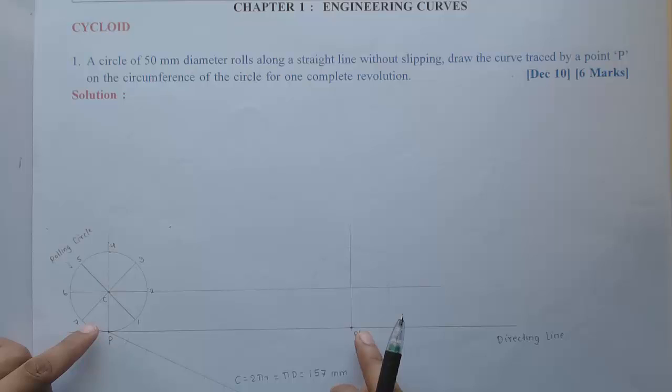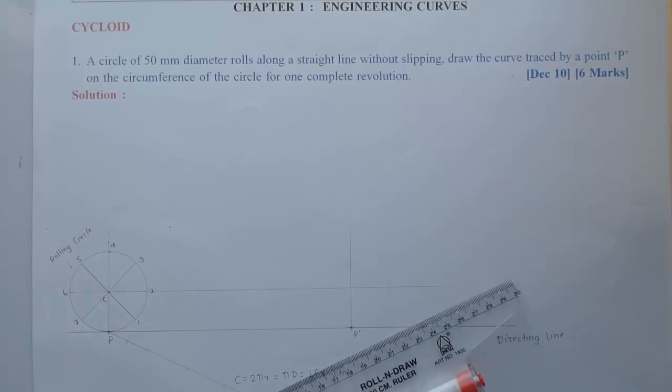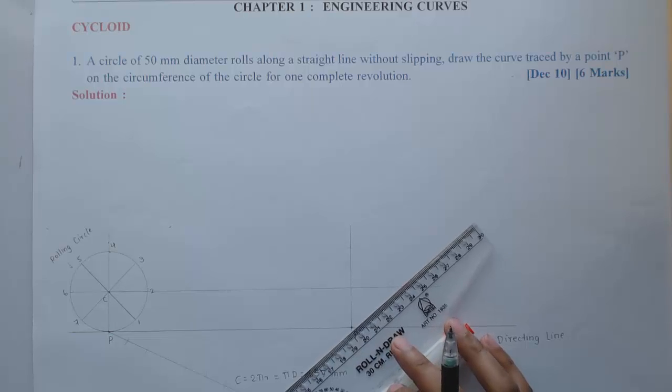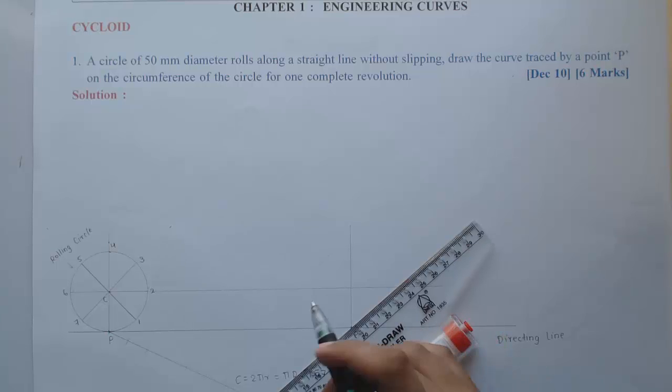Our aim is to divide this length P dash, which is equal to the circumference, into 8 equal parts. So we are following this acute angle method. As per this method, we should join the last division with the end point of P dash.